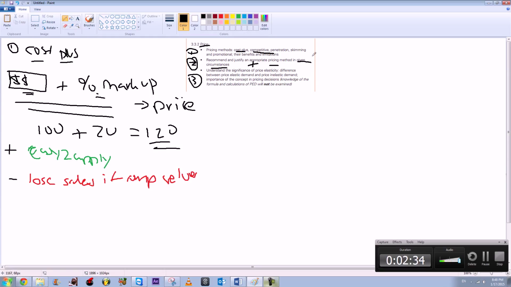Second one, competitive. It's also known as the market price, and this is pricing the product in line with or just below the competitor. So let's just say this is your competitor's one. You have to make it fairly close and fairly similar, really close, either that or just under.